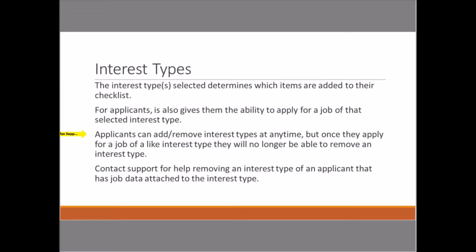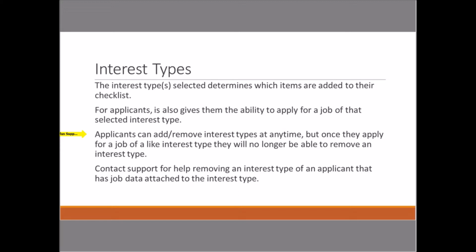One, there are some really specific laws about retaining data associated to hiring. And so that's one reason why we don't like to remove an interest type after someone's applied for a job, because we have to be able to pull those reports for so much time thereafter. We can still do it for you, but some things may display a little funny.